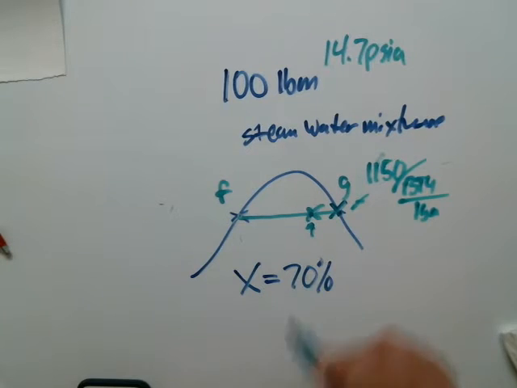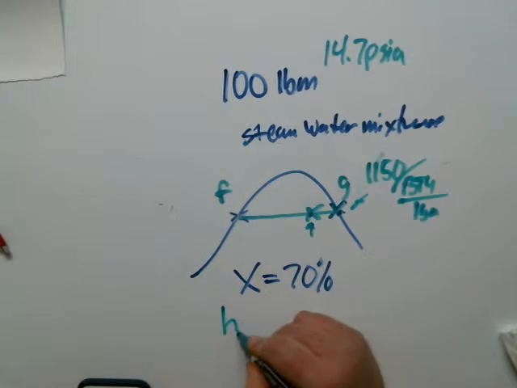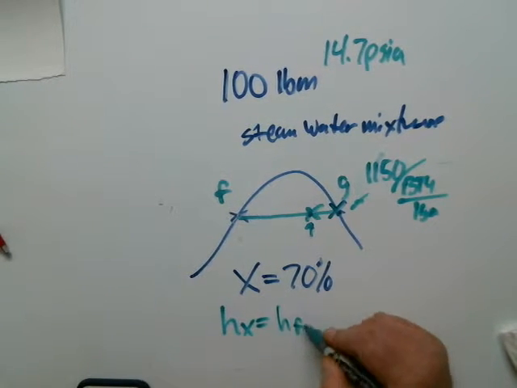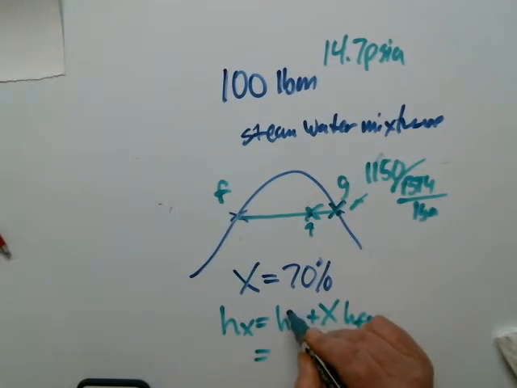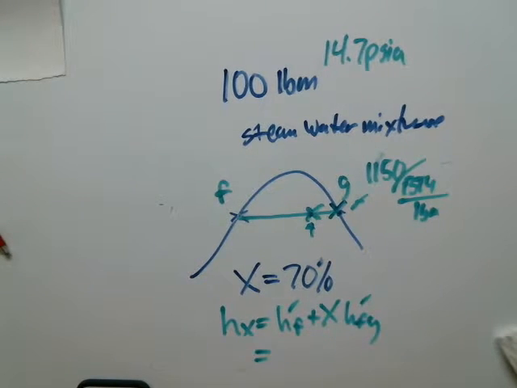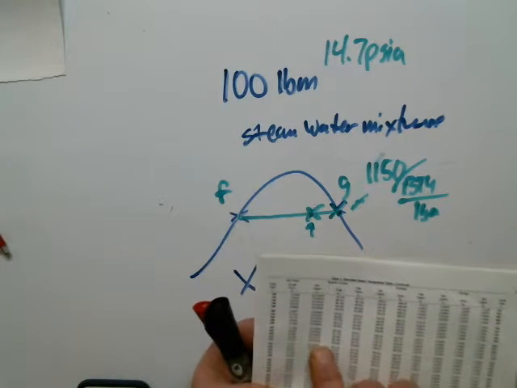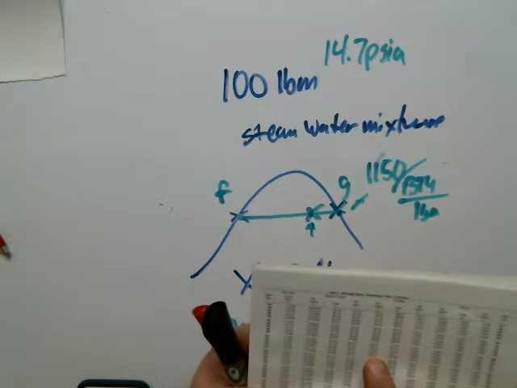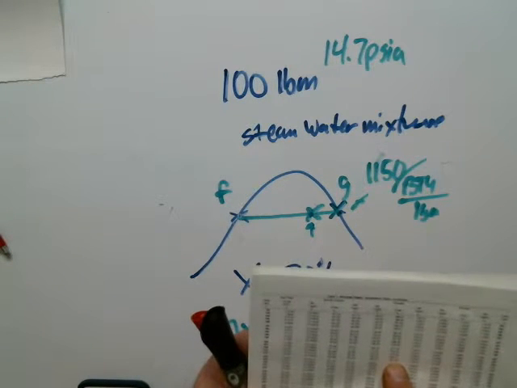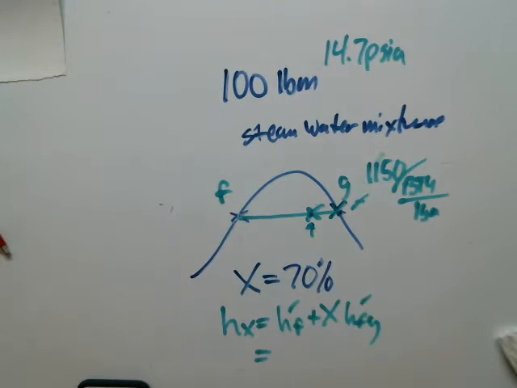So I have to figure out what the existing enthalpy is. That's going to be equal to h sub f plus quality times h sub fg. So now I need to go look up h sub f and h sub fg at atmospheric pressure. I see that atmospheric pressure, 14.7 psia, 212 degrees, h sub f is 180, and h sub fg is 970.